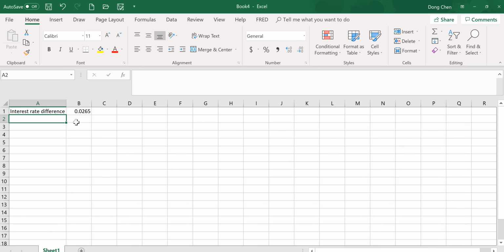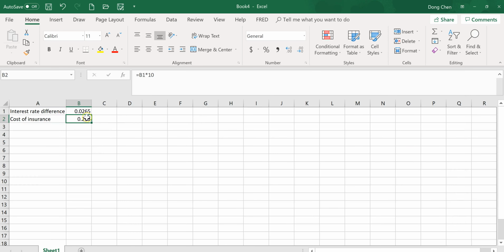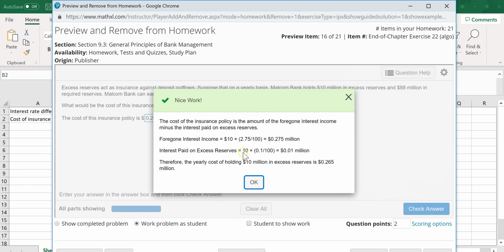So the cost of insurance is simply this interest rate difference times the 10 million in excess reserves. And round your response to 3 decimal places, and that's exactly what I have here. So just copy this number back to my lab and check my answer. Nice work.